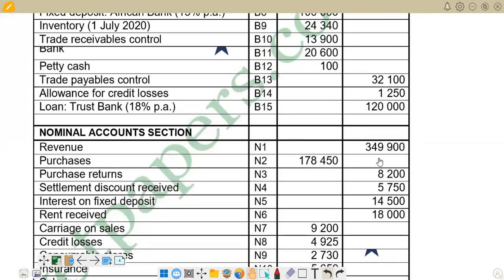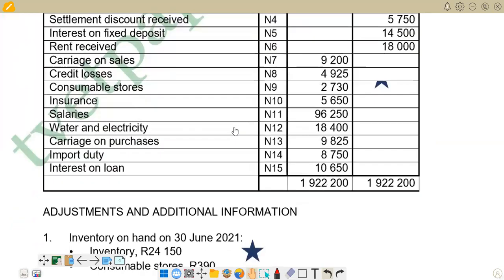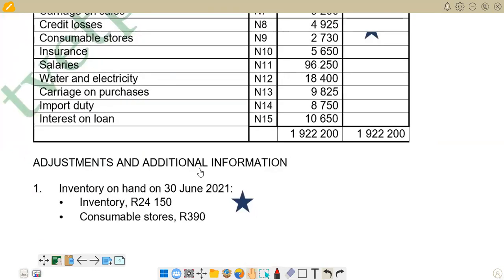But before you put the figure for revenue, also check if you have got some sales returns in the list of balances. Because if there are sales returns, they are going to reduce the value of revenue or sales that we have. You might also want to see if there are any adjustments that are also affecting the figure for revenue. So you would need to go through the additional information that you are given to check whether we have got any adjustment.